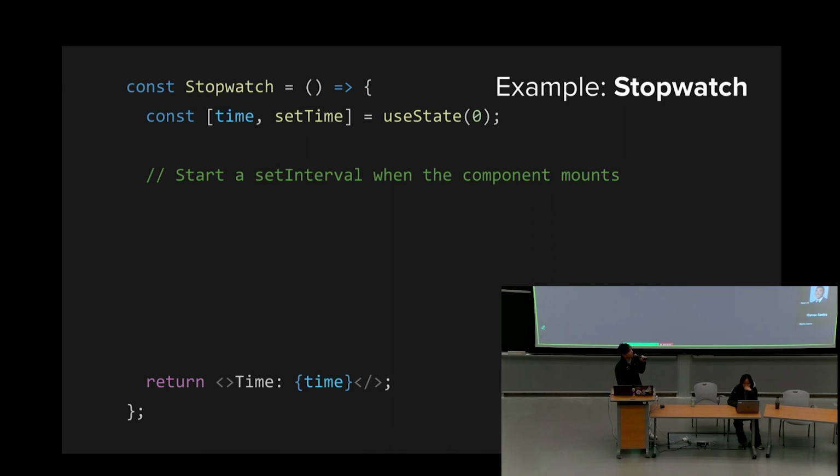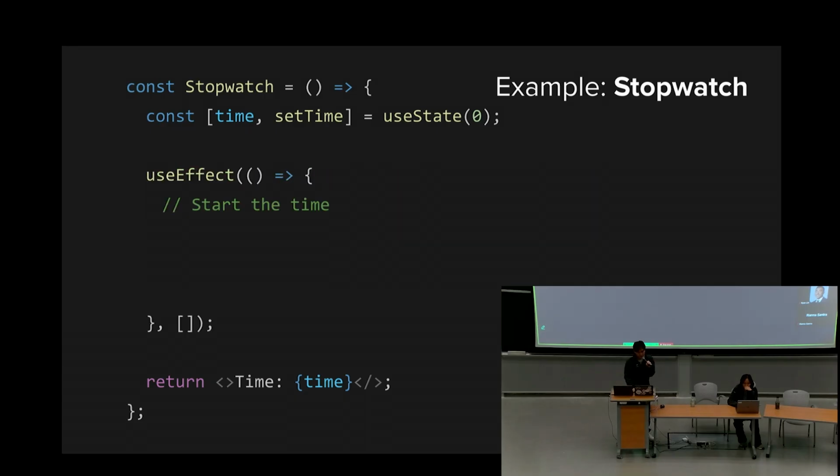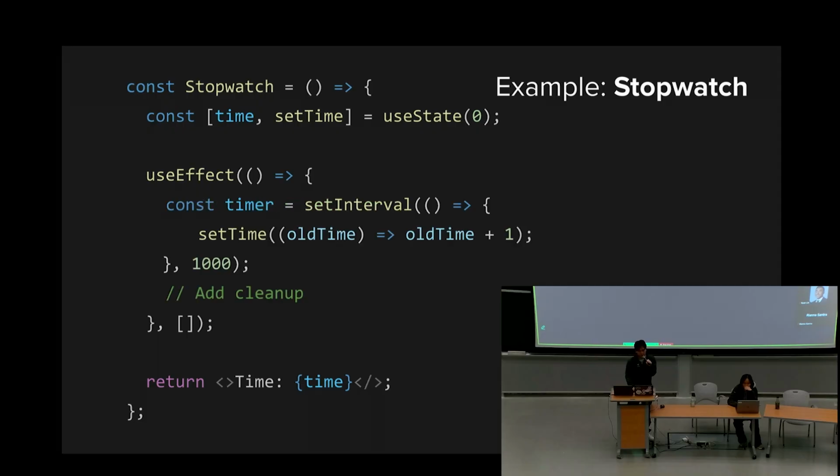Next, we have this function called setInterval, and what it does is it runs a function defined inside it every interval. So here the interval will be 1000 milliseconds, which is just 1 second, and you're setting the time to the old time plus 1.